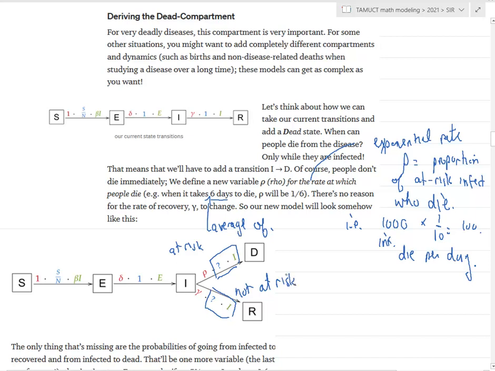Okay, so of the at risk people, you'd have this rate, which is, as it says, the exponential rate of dying, and these are the not at risk, and this is the exponential rate of recovery. So it works the same way. So we need some other variable here, and this is what he calls alpha, which is the death rate. Well, it's actually not the death rate. I'm not sure what he calls it. Let me see what he calls it.